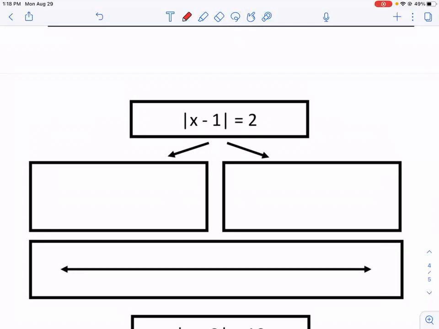So as long as the absolute value is isolated and it equals a number, we can split it off into our 2 equations. Whatever is inside of our absolute value is 2 units away from 0. So inside, x minus 1 could equal 2, or inside could equal -2, because both 2 and -2 have the same distance from 0.